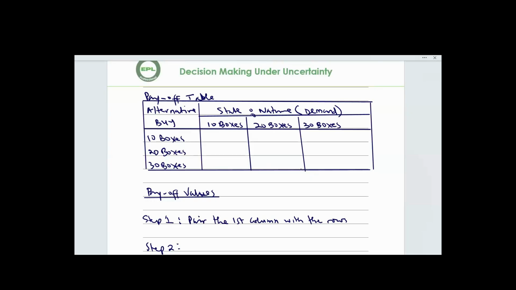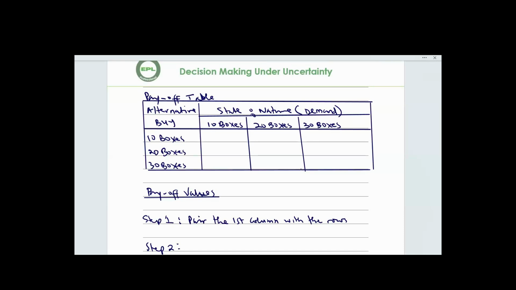That's your starting point. Because you have to take contribution before you go to cost. You can't say cost minus contribution. It has to be contribution minus cost. And because in this question, contribution is represented vertically, that's why we are starting from the column. We are pairing column with the rows.